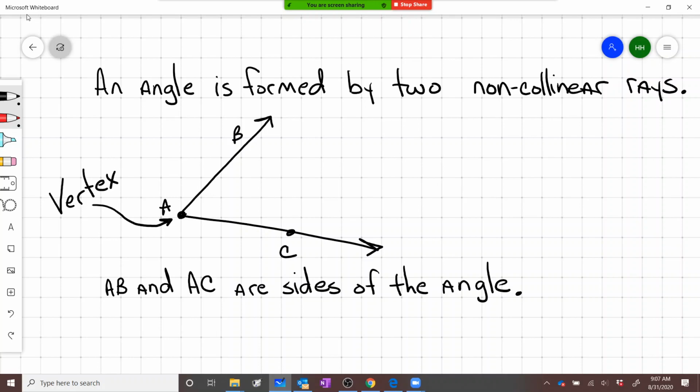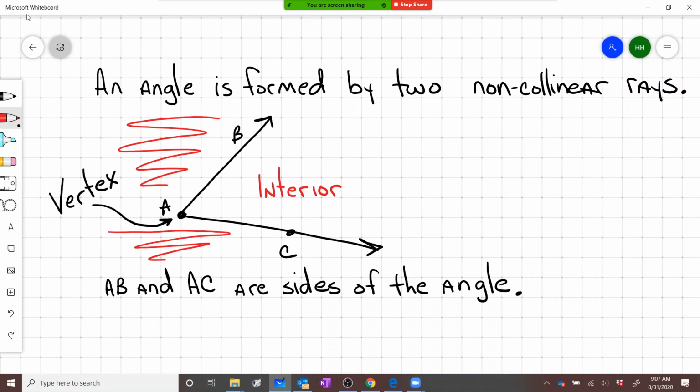There's the vertex of the angle. This angle has an interior. And all of this region out here, that's called the exterior.